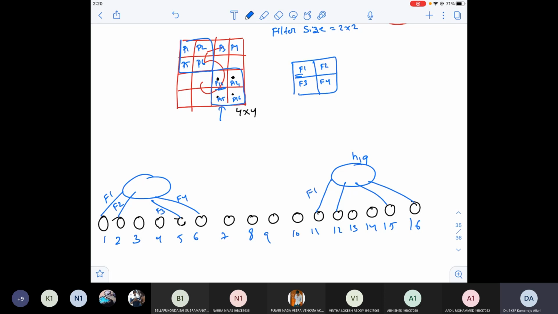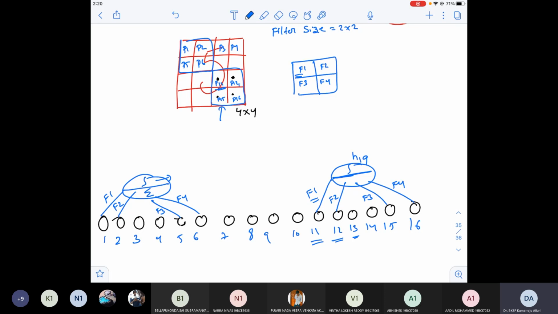Here also F1 is a weight, F2, F3, and F4. I multiply, and whatever result I get is the aggregated result. You already know that in a hidden layer you will have an aggregated result, and the next step is activation. Here also, I multiply these input values with the weights, finally get the aggregate result, and apply activation. You can apply any activation function, ReLU, leaky ReLU, we have seen it, right?